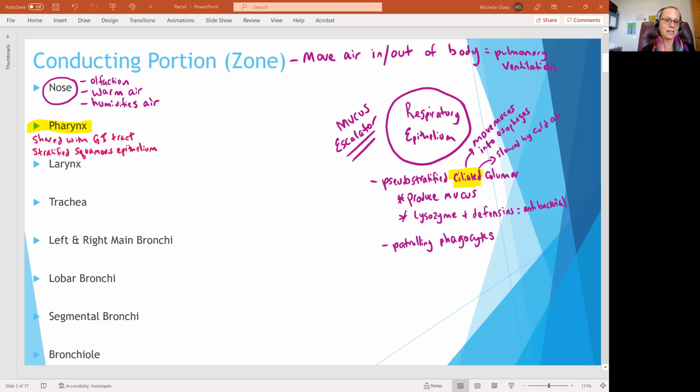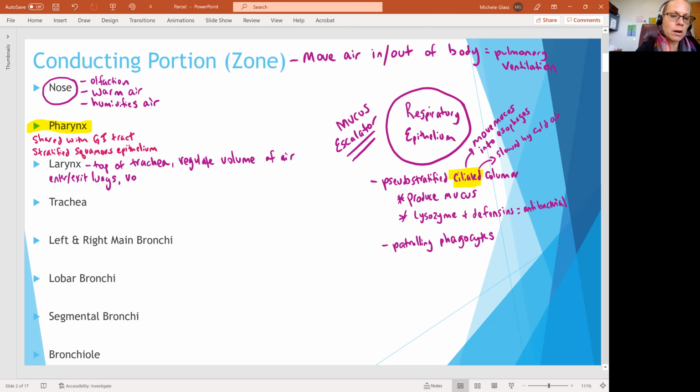Moving next to the larynx, we see that this is what we can call the top of the trachea. We're going to see that this will help to regulate the volume of air that's going to enter or exit the lungs.